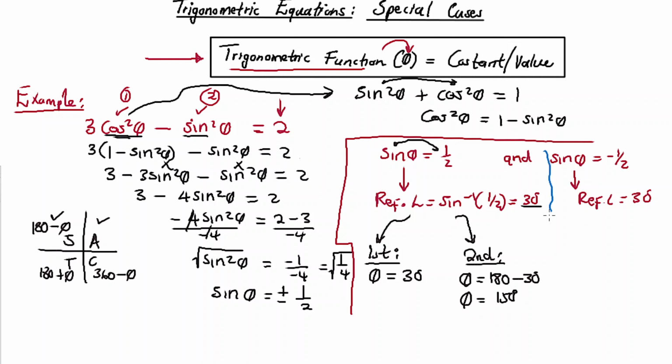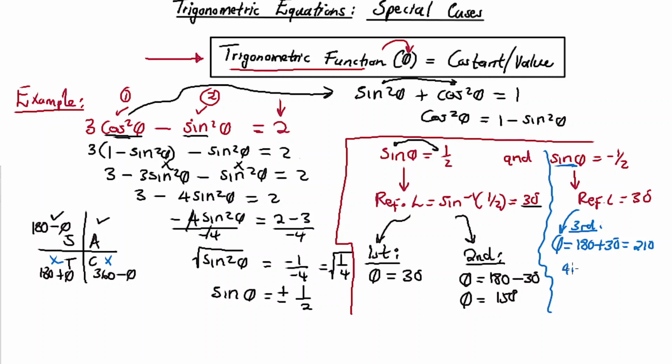All right, so for this part of the solution, I'm going to have two solutions again, where sine is negative. It's negative in this quad and this quad. So my first theta is in the third quad. So theta is going to be equal to 180 plus 30 degrees, which is 210 degrees in the third quad.